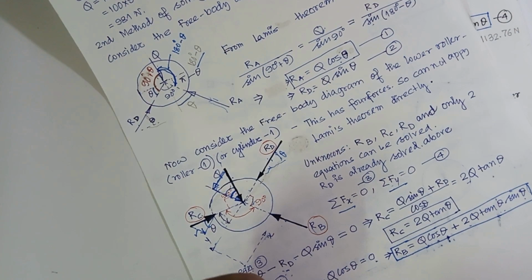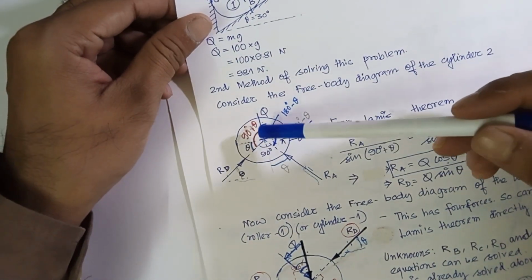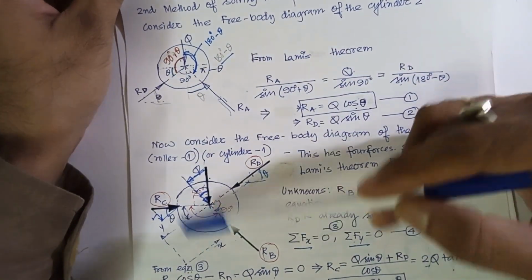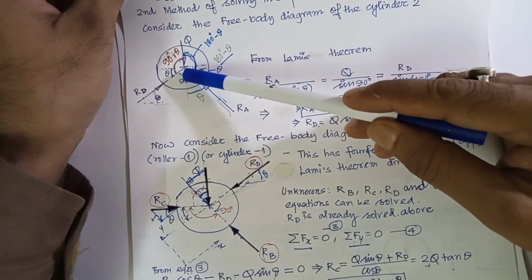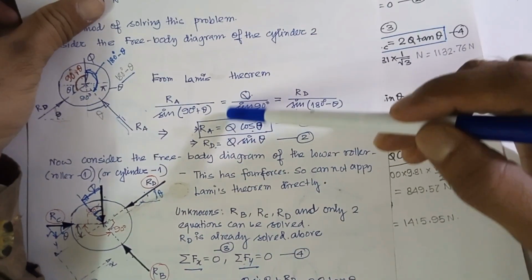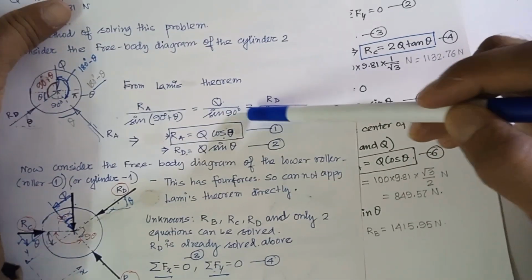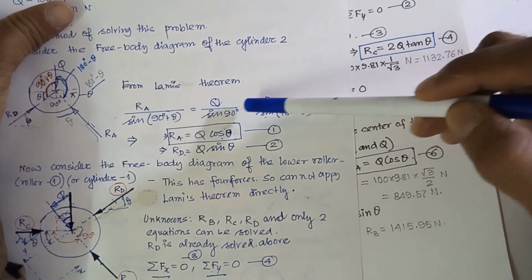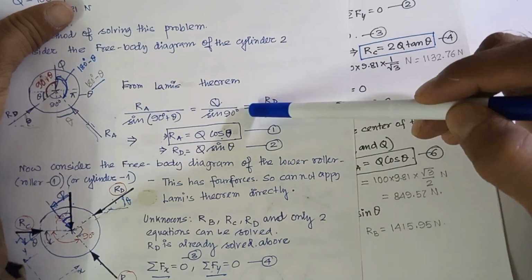So in method 2 what we have done? In method 2 we have individually drawn the free body diagrams, considered the free body diagrams and solved for the equations. Here we have solved two equations. One equation is here, another equation is here. I told in the class that the number of equations is equal to the number of equal signs.